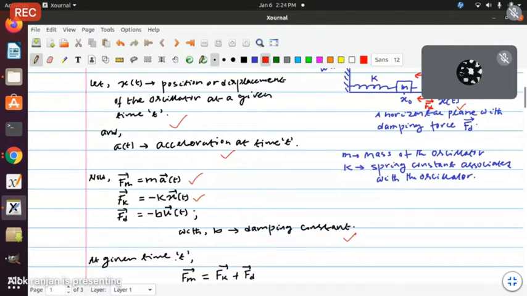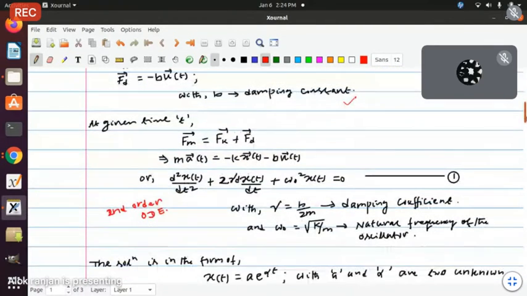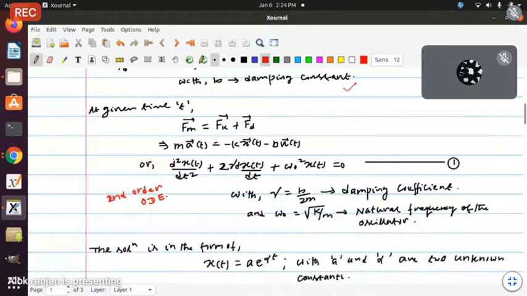At a given time t, these forces will be balanced. Therefore we have this equation, and finally this equation 1. Again, it's a second order ordinary differential equation, with gamma, which is b over 2m. Since b is the damping constant, gamma is the damping coefficient.